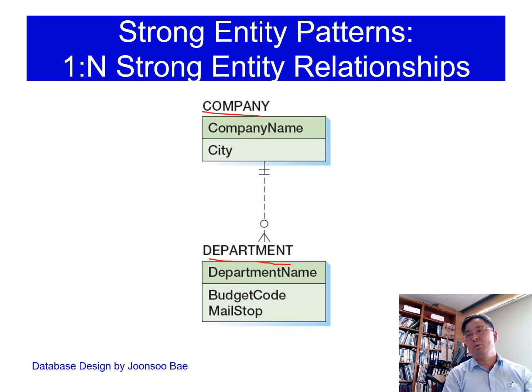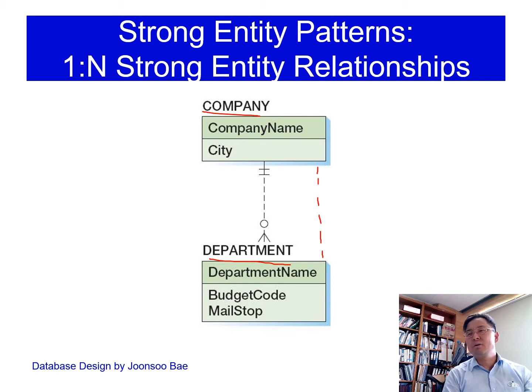So it is a non-identifying relationship. In other words, it is a dotted line.